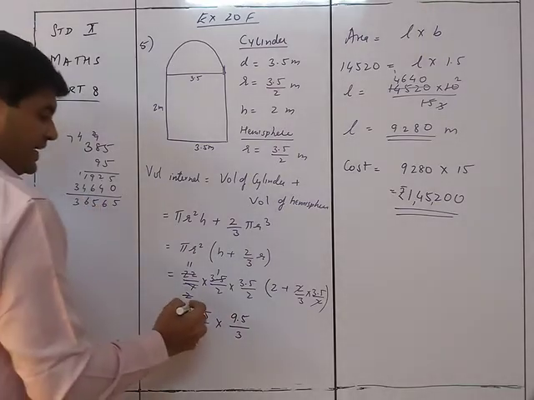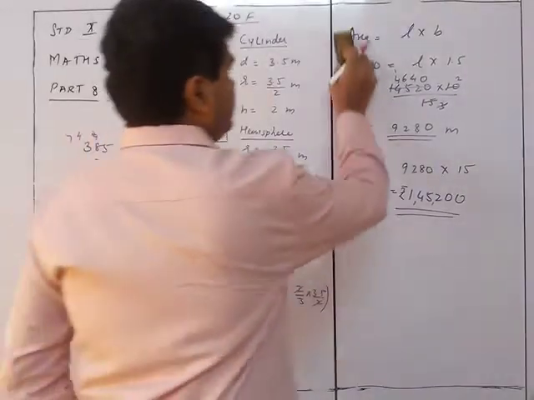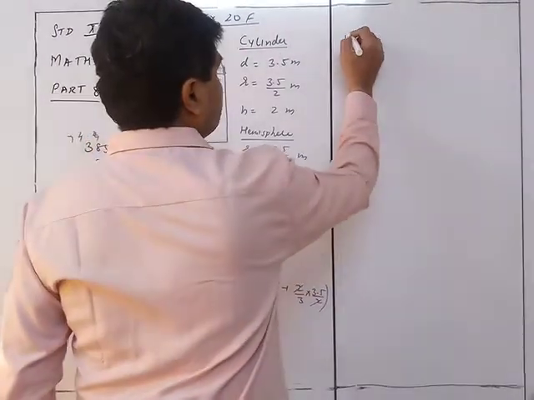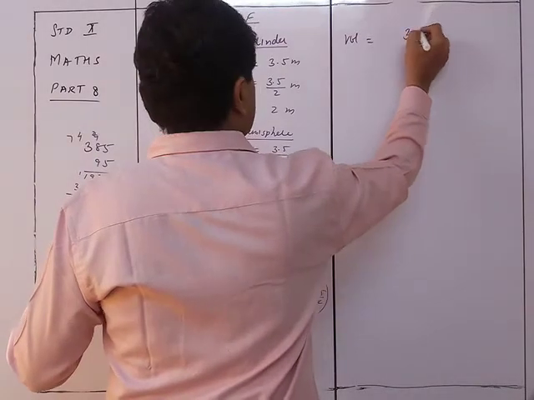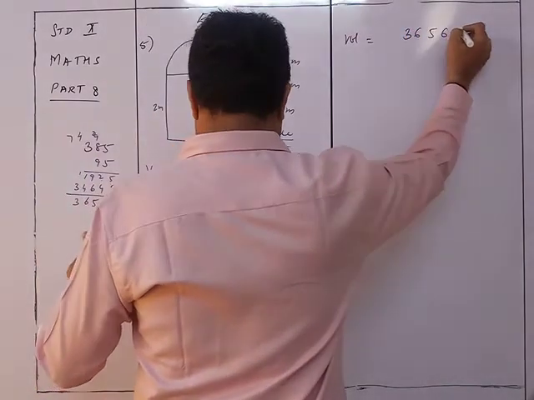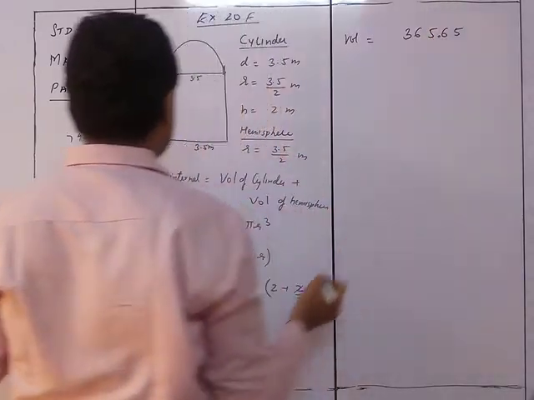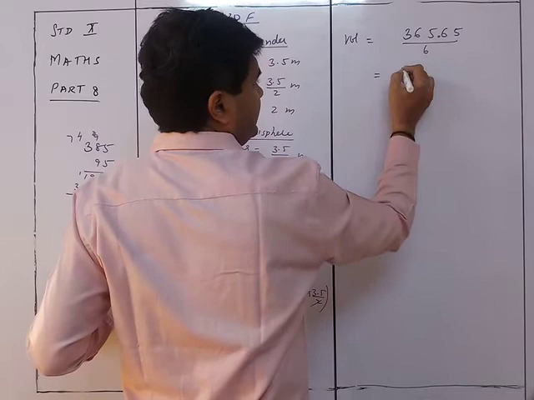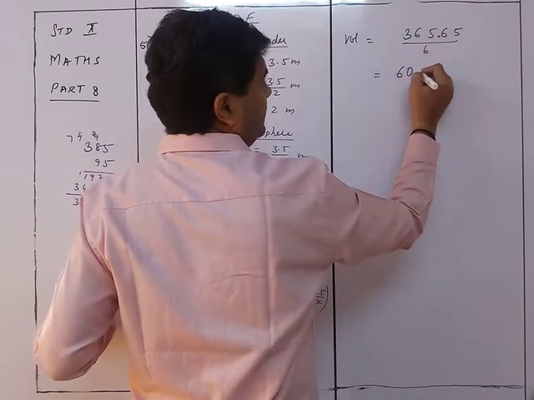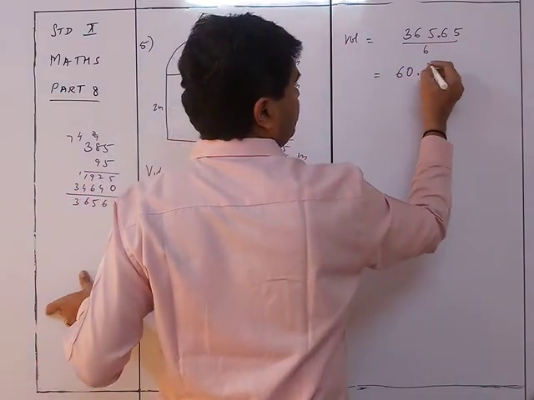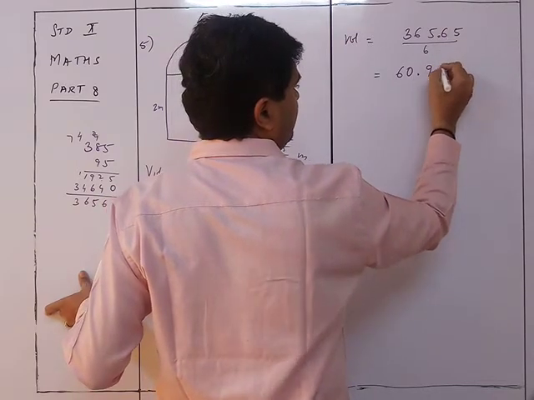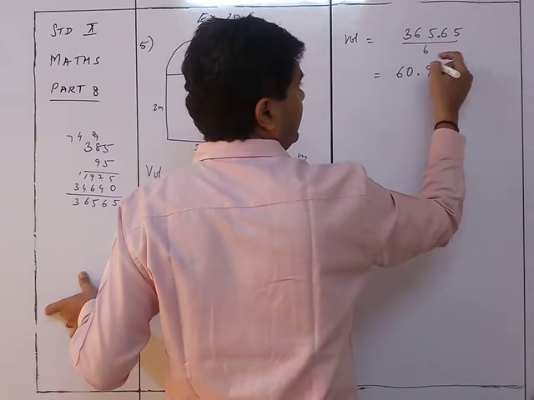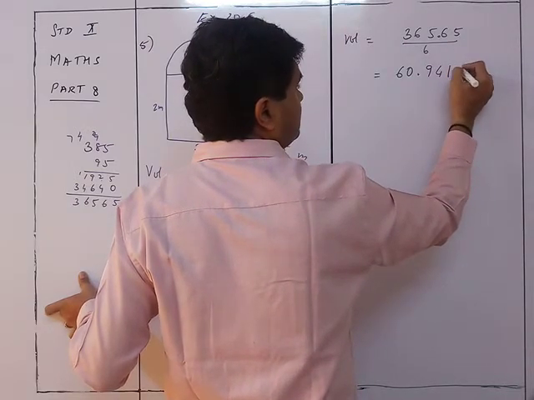So the volume is equal to 36565, with the decimal point placed in between, upon 6. So that will be 6 6s are 36, then 0, then 56. 56 will be 9 6s are 54, 25 will be 4 6s are 24, 1, so it will be 1 and then 4, so it will be 6.